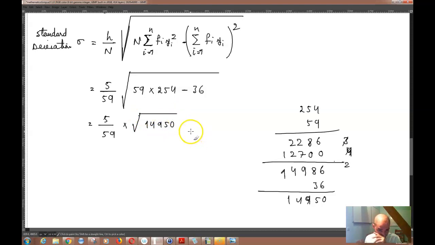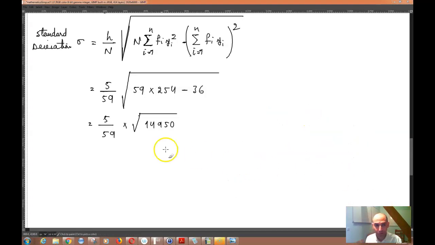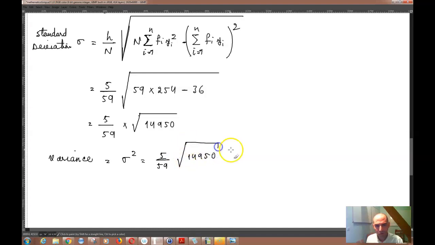Now this number, if you want to take the square root of that, is the value of your standard deviation. Your variance is going to be, we will calculate this, sigma squared, which is equal to 5 over 59 times the square root of 14,950 all squared, which is basically 25 over 59 squared times 14,950.